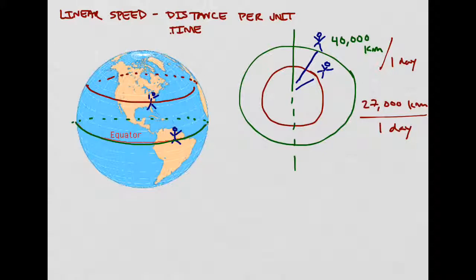Additionally, if the Earth were to get wider or fatter and rotate at the same rate as it currently does, the person at the equator would be going faster. So I'm going to write that down: tangential speed is proportional to radial distance and rotational speed.